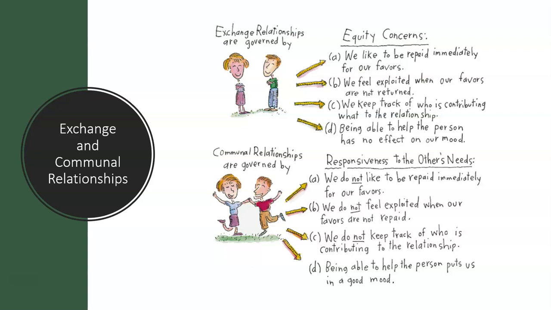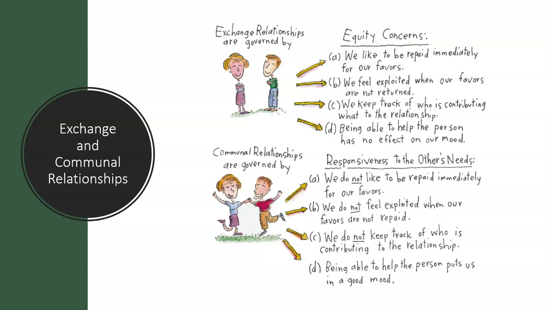Now, communal relationships, on the other hand, tend to be more equitable, but not because we're doing the math and requiring each other to do it. It's more that the orientation to the relationship is based on responsiveness to other people's needs, to what they need to feel good, to feel valued, to feel accepted.